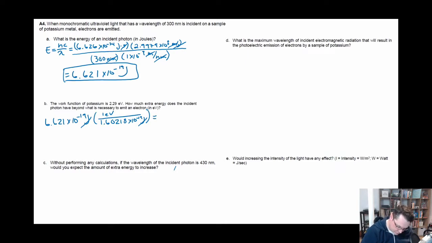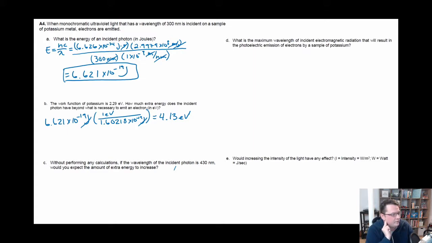And that comes out to 4.133. I will just keep it the same, so 4.13 electron volts. So that's the energy of the photon in electron volts.